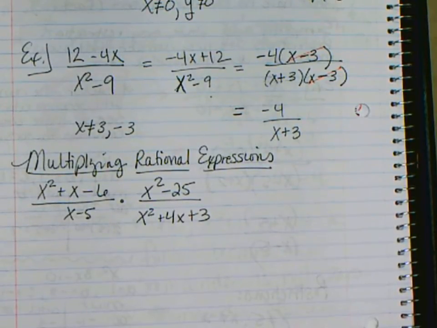Now remember, when you multiply fractions, numerator times numerator, denominator times denominator. So what I like to do is just first factor everything out, okay? And this does take a lot of room because you got to factor everything.